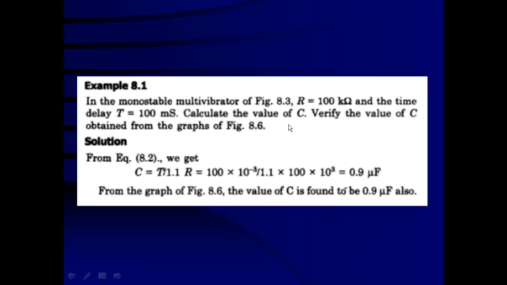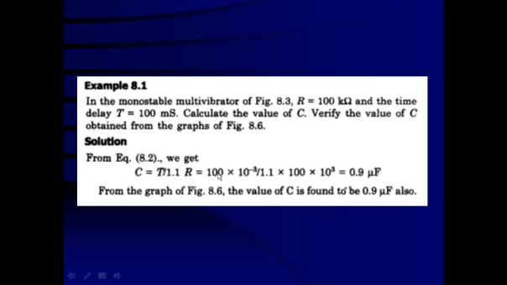Calculate the value of the capacitor, and verify the value of C obtained from the graph of figure 8.6. From the equation, T is equal to 1.1 into R into C. So the value of C is equal to capital T upon 1.1 R.